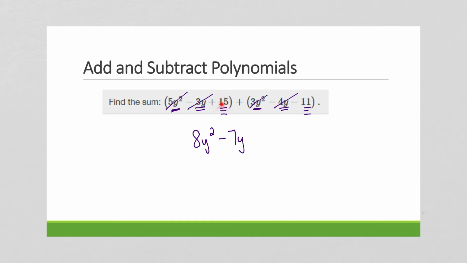And then we've got positive 15 plus negative 11, which is positive 4. And this is as good as this gets. We cannot combine anything else. The reason why we can't combine these two is because their exponents are not the same. So this answer is as simplified as we can get it.